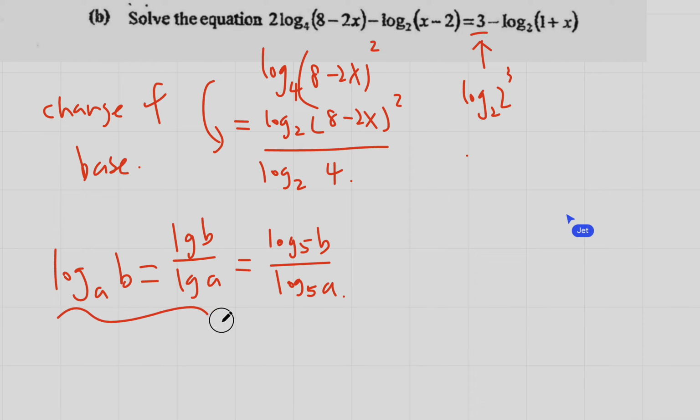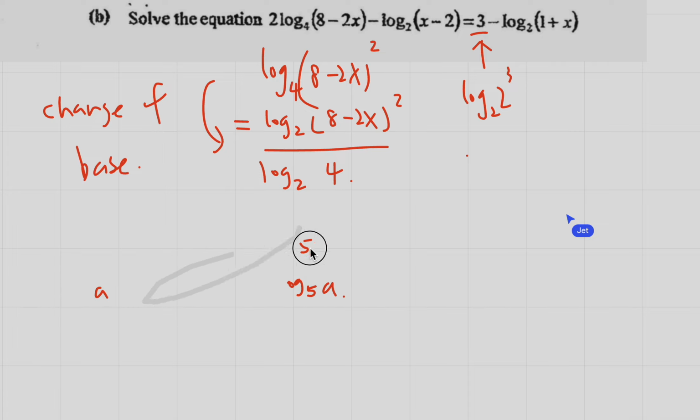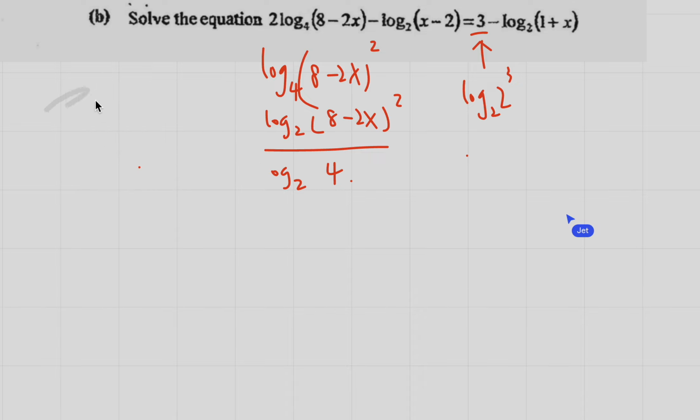So I am using this rule, change of base, to transform the log 4 into log 2. So far so good? Okay, good. Next. After doing this, the question should be very simple already. Then the rest you just get it into log 2.